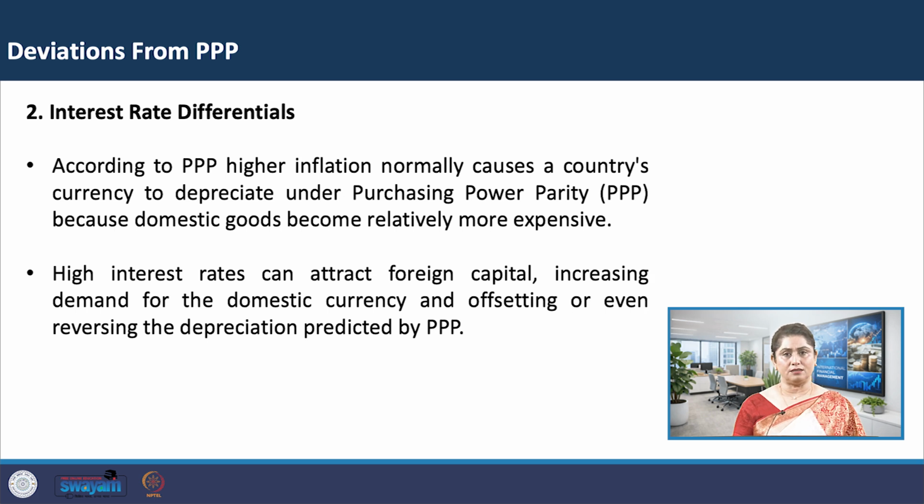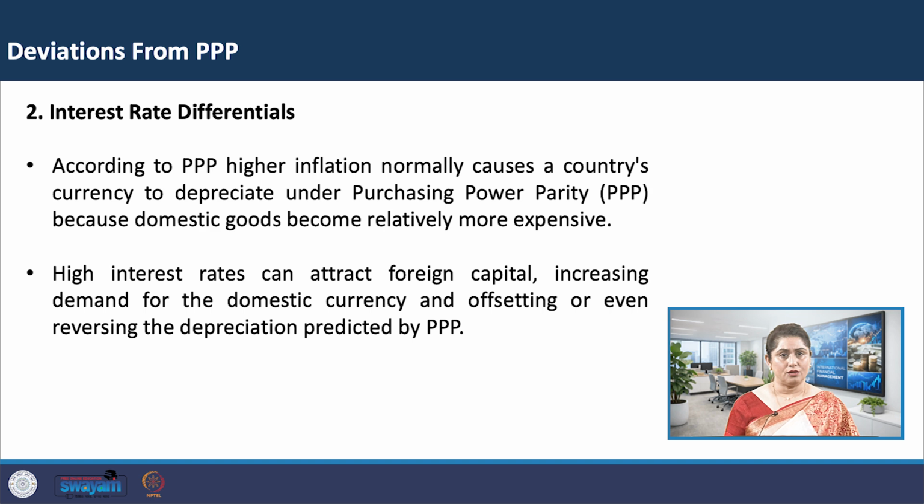In the 1990s, some countries had both high inflation and a very high interest rate. Those high interest rates attracted foreign investors who wanted better returns on their money. To invest in those countries, investors first had to buy the local currency. This increased the demand for the currency and pushed up its value.